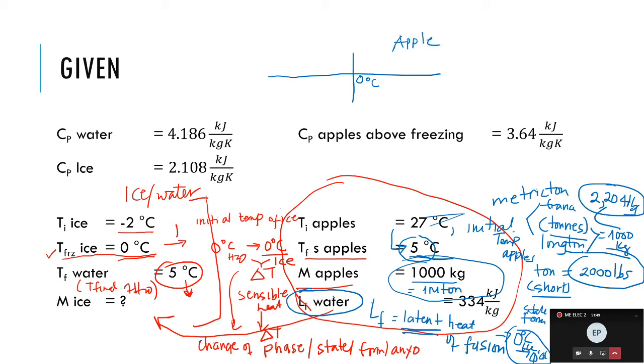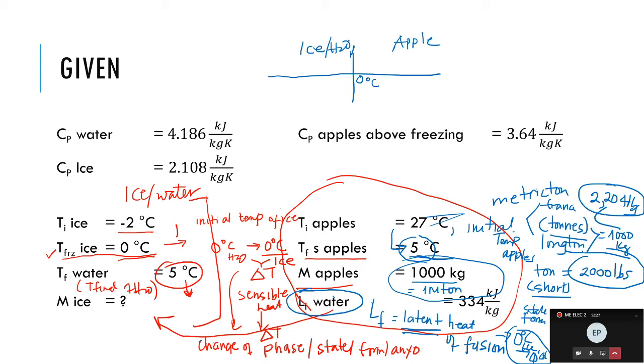So on the right side of the xy axis, actually I'm only going to be using the x axis here, but let me have this intersection so that it will be clear as a boundary of the two. So on the right side is my condition about apples. On the left side is my condition on the ice, or let us say water.